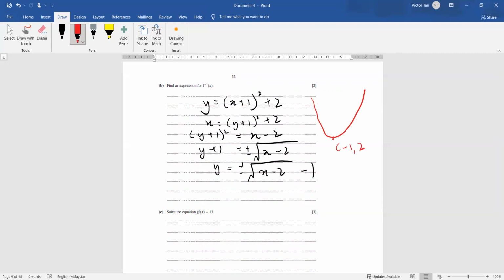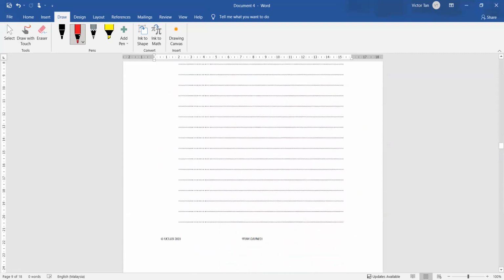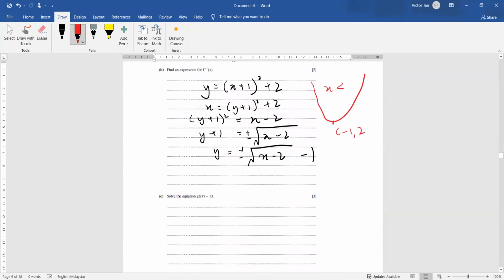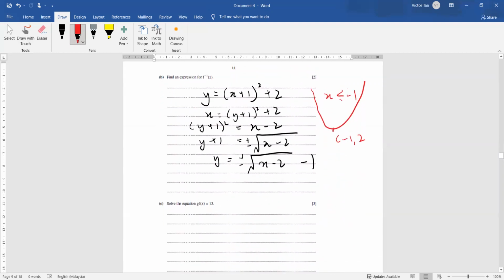But the domain is x smaller than or equal to -1. Now, it will only be this left side of the graph. So when it's on the left of the graph, the general rule is to take the negative. So this f inverse x is minus square root of (x minus 2) minus 1.